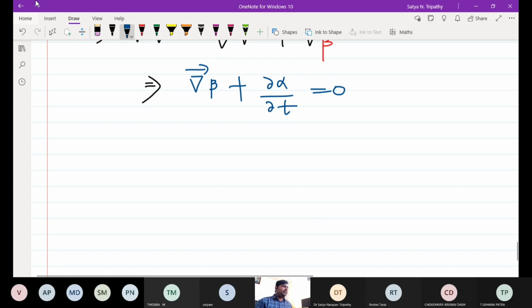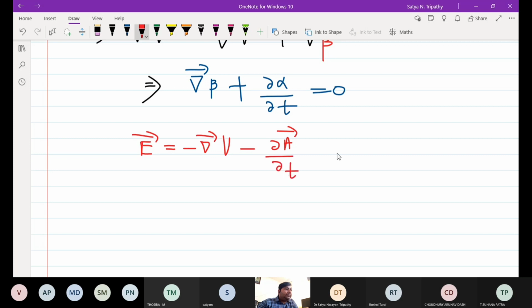We have the expression for E: E is minus grad of V minus dA by dt. This is the reference equation. Taking a negative, this side will be positive.